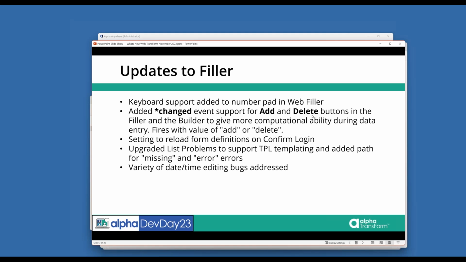So for example, if you add one, it can pre-populate and do certain calculations. When somebody deletes it, you can know to maybe do some call or do something like that.